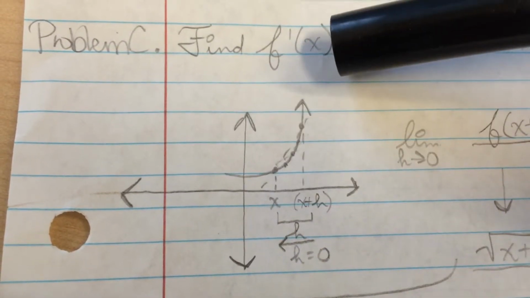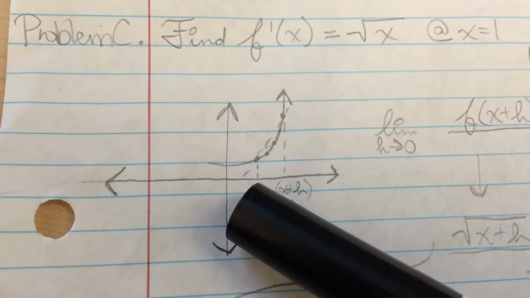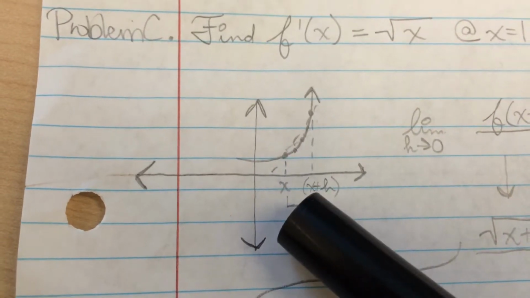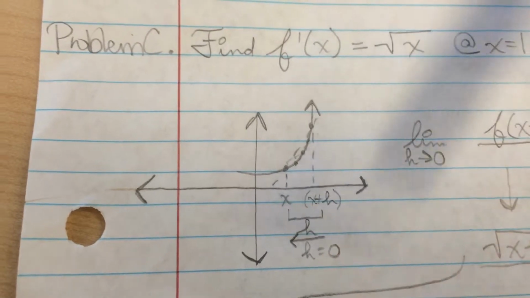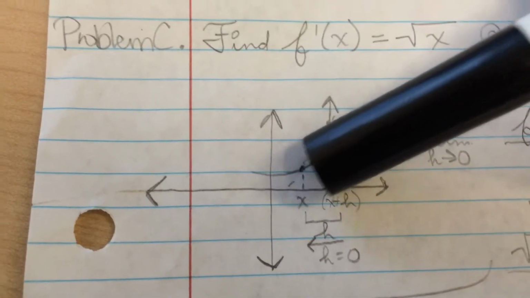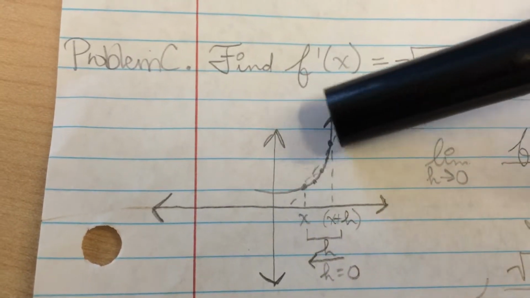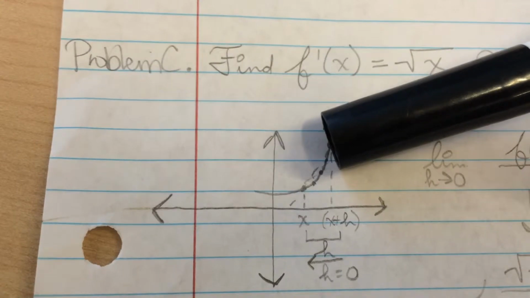If we take the slope at x, we give two points: x, and x plus some arbitrary interval h, which gives the function value at x plus h.